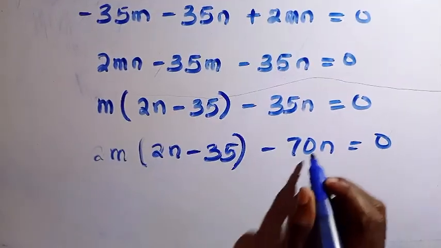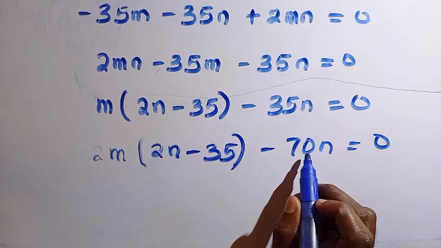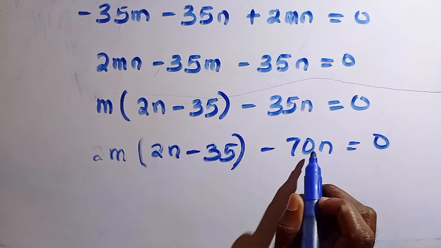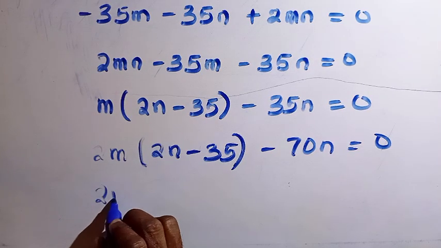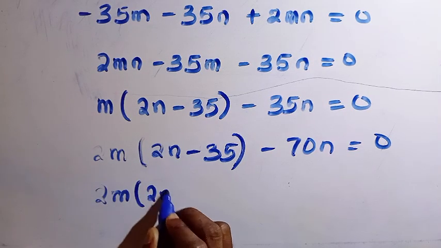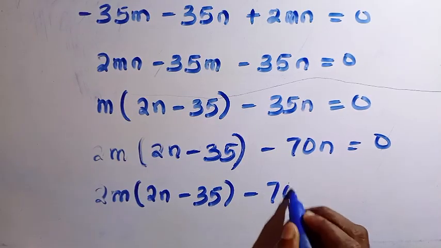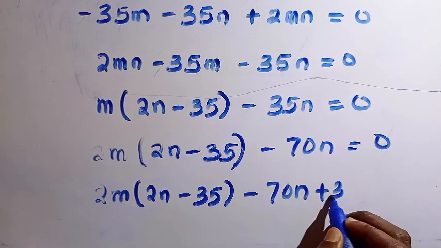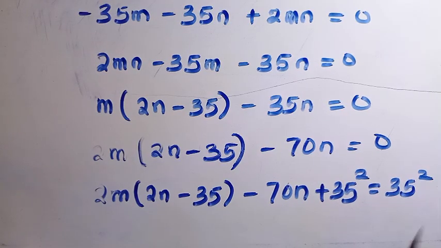So I can now say, if I divide this by 2, that gives us 35. Then let me add 35 squared to both sides. This gives us 2m bracket 2n minus 35 minus 70n plus 35 squared equals 35 squared.